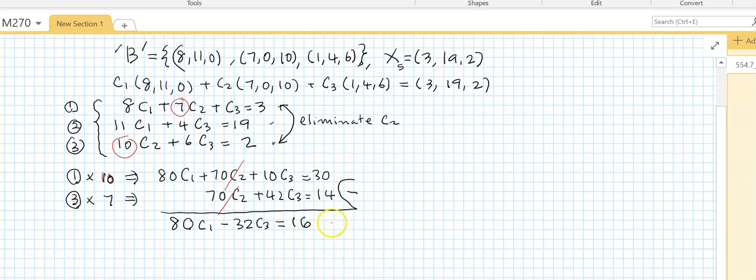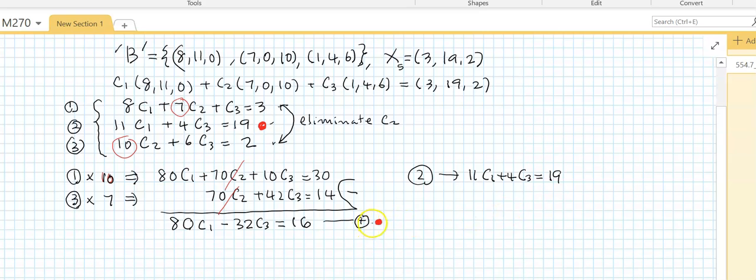So now I have, if I call this equation 4, equation 2 and equation 4 only have C1 and C3. If you look at equation 2, I just rewrite: 11C1 plus 4C3 equal 19.